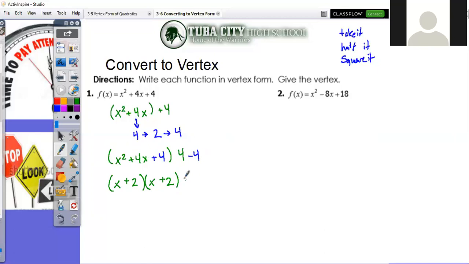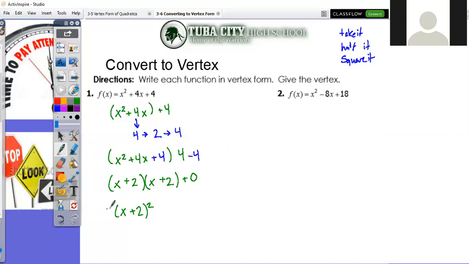And 4 minus 4 is going to be 0. I'm going to put plus 0 here just so you can get into the habit of seeing where that number went. Then from here, I am going to put x plus 2 equals, oh sorry, I meant to put squared, because I have two of those things. So that's going to be squared.